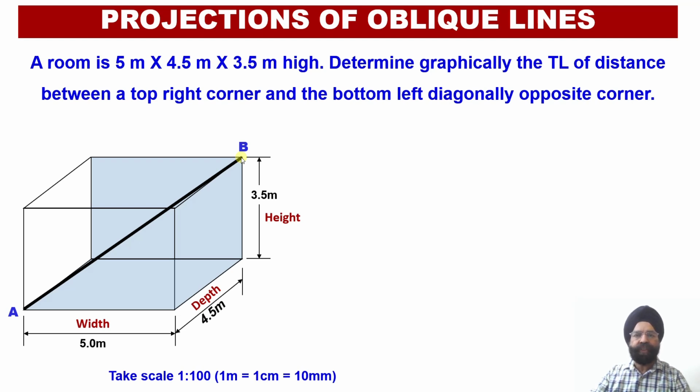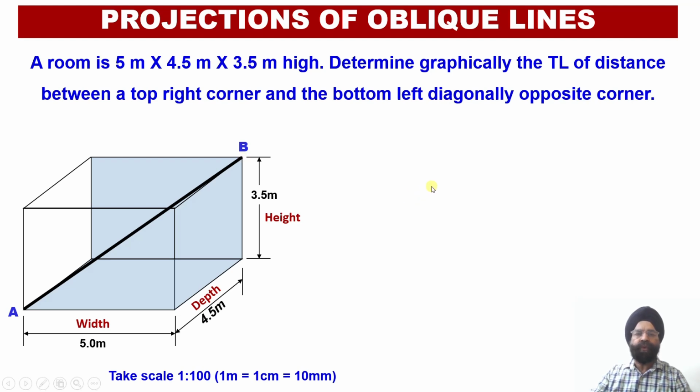Here, by using the principles of the projections of the oblique lines, we are going to determine the shortest distance or the true length between point A and point B. We must remember that these 2 points form the length of the string which is going to join these 2 points lying in the diagonally opposite corners of this room.